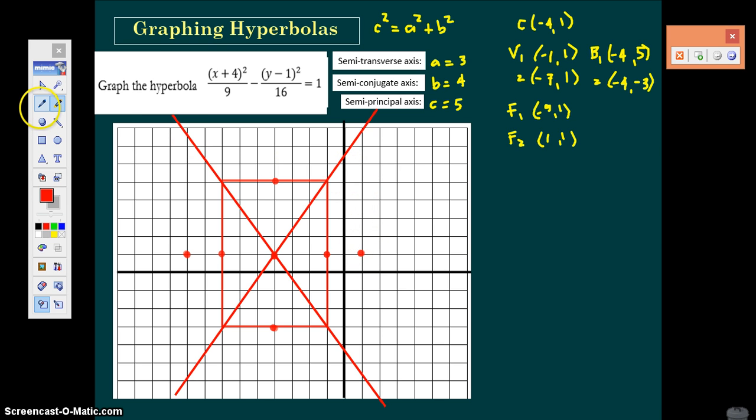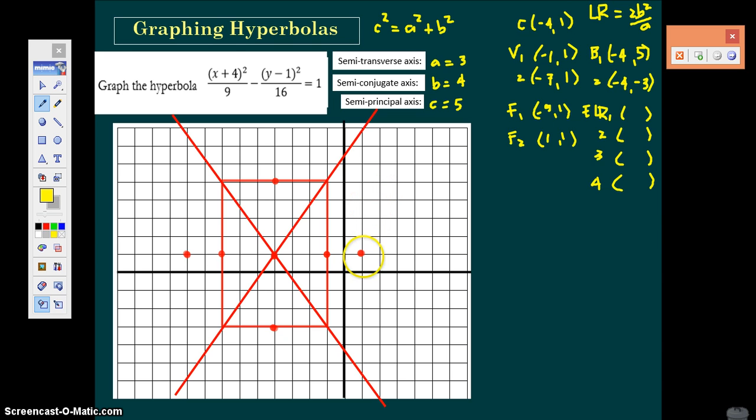Now we have to get the endpoints of the latus recta, or our ELRs. We have 4 of them: ELR 1, 2, 3, 4. The length of the latus rectum in a hyperbola is the same as that of an ellipse, 2b squared over a. The latus rectum is a segment perpendicular to the transverse axis, passing through the focus.